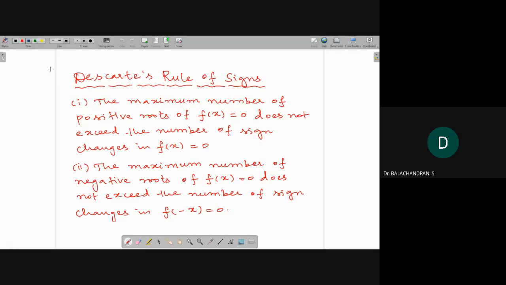Summation alpha square, if you write like this, you can easily get it. I will explain here.